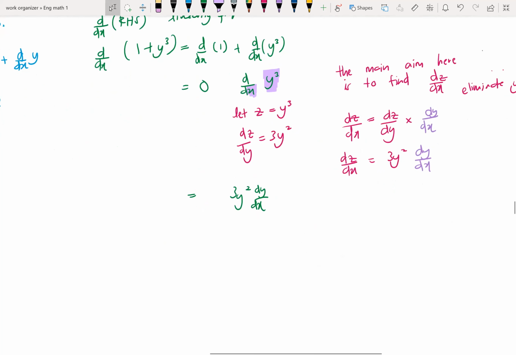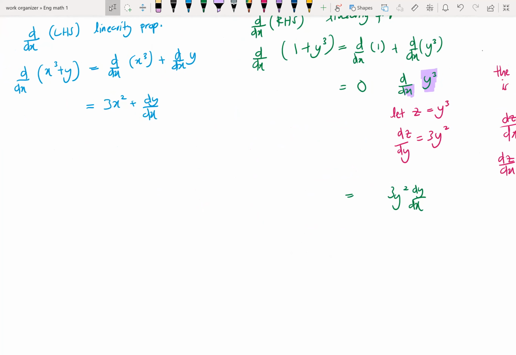Now we write again the left hand side and right hand side. So it becomes the equation: 3x to the power of 2 plus dy over dx equal to the right hand side, which is 3y squared dy over dx.